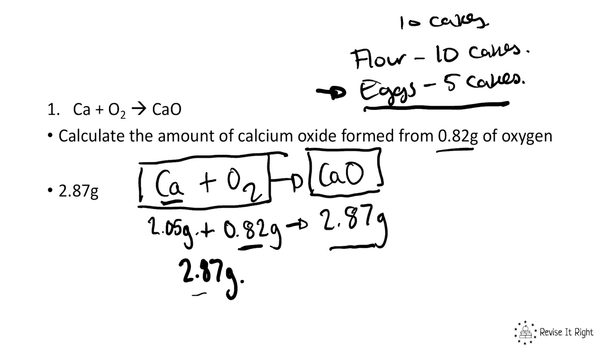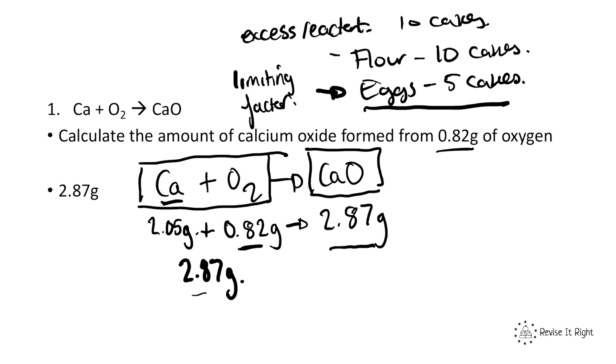So we can call eggs the limiting factor. And flour, because we only need enough flour to make 5 cakes, we're going to have some left over, so we can call flour the excess reactant. We've got more than we need. Okay, so eggs is the limiting factor, whereas our flour is our excess reactant.